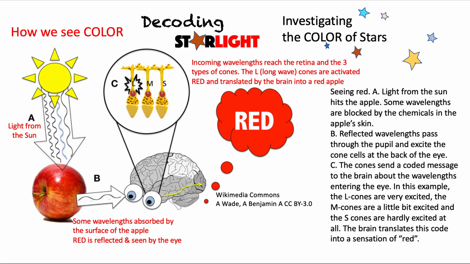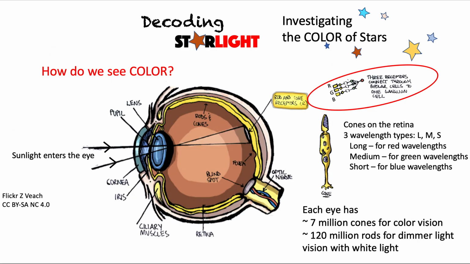And the cones, the C circle above, we will look at those more closely, and they come in three different wavelengths: L for long, and they're the red wavelengths; M for medium, the green wavelengths; and B for blue, the shorter wavelengths. And we have 7 million cones on our retina and 120 million rods which deal with dimmer light.